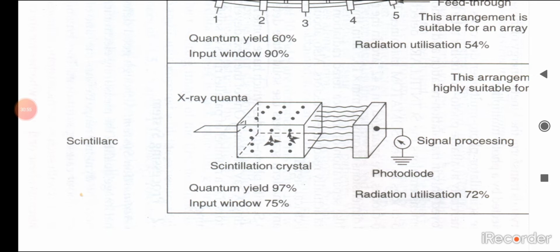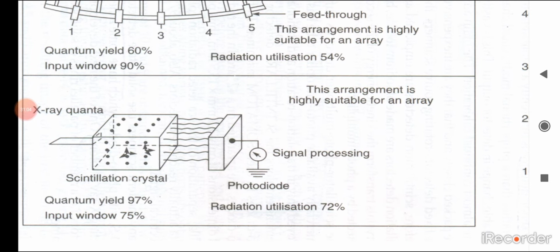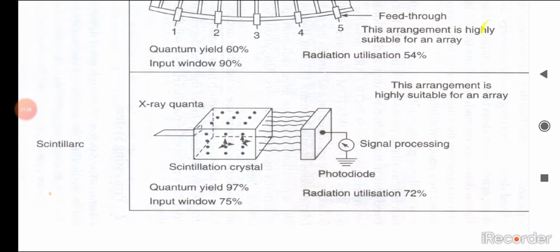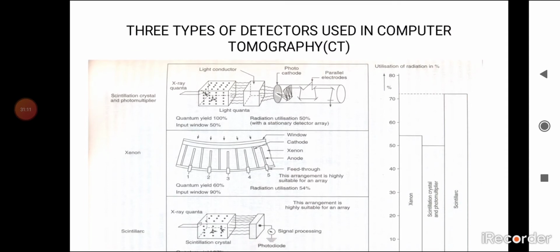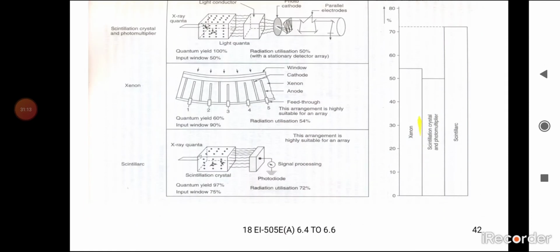Here quantum yield 97%, input window 75%, radiation utilization 72%. These are three types of detectors used in computed tomography.